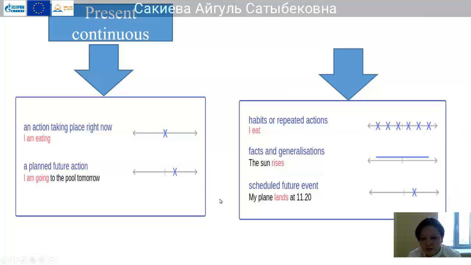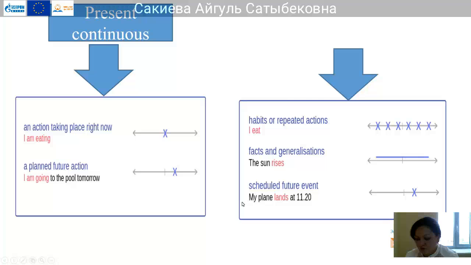So what about actions which are habits or repeated actions? You see that? Yes, this is timelines, so repeated actions. Or when we talk about facts or generalizations, like the sun rises or the water boils at 100 degrees Celsius. Or for scheduled future events, for example, my plane lands at 11:20.